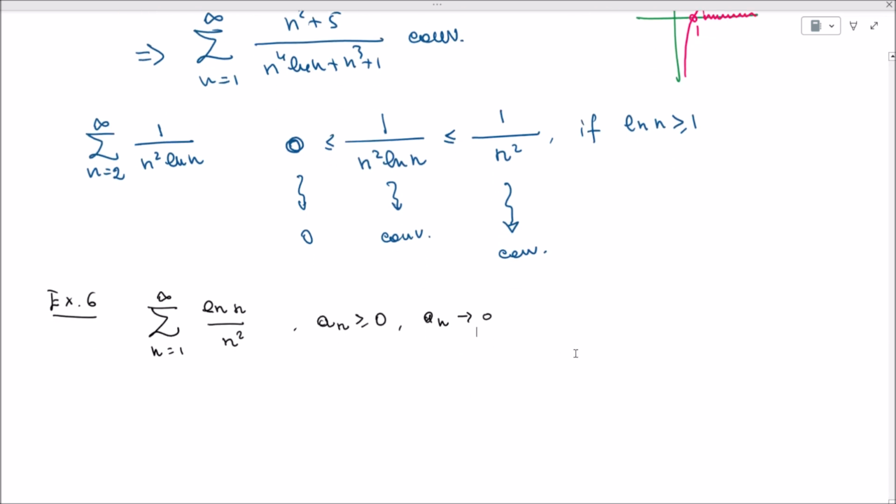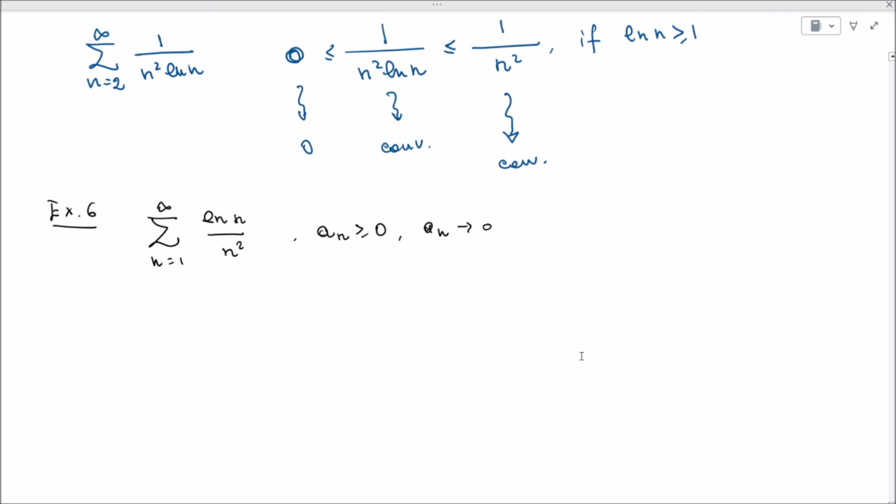Now, we have the necessary condition for convergence, but we don't know if this series actually converges. So we need to make some asymptotic comparison.